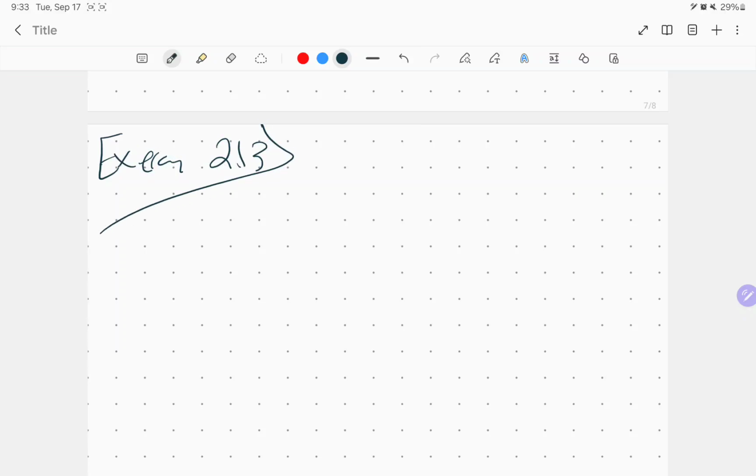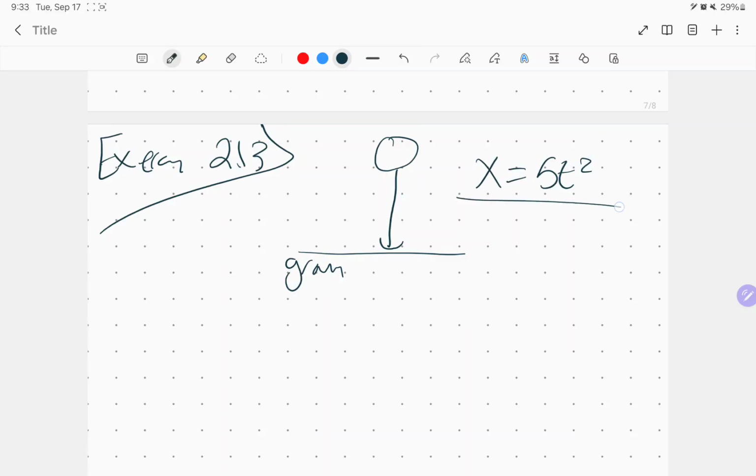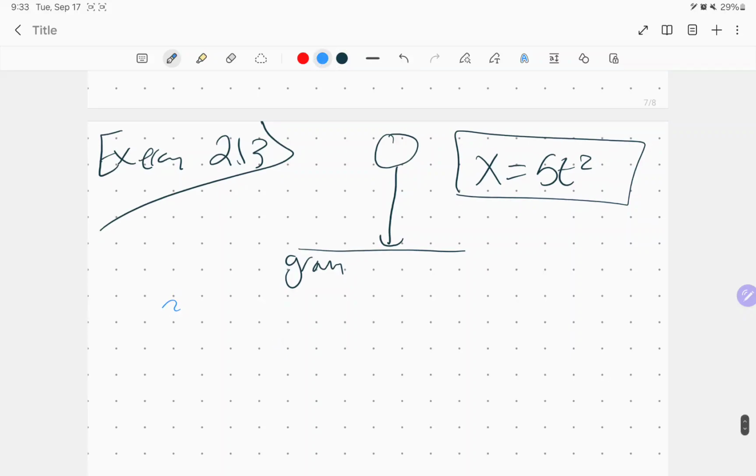Now let's go to exercise 2.13. It's telling me that I have an equation of motion of a stone falling to the ground. Here I have the ground. It's represented by this equation, x equal to 5t squared. This is given. He's asking what is the nature of motion. Okay, how should I do it? He didn't tell me that it's URM or UARM.